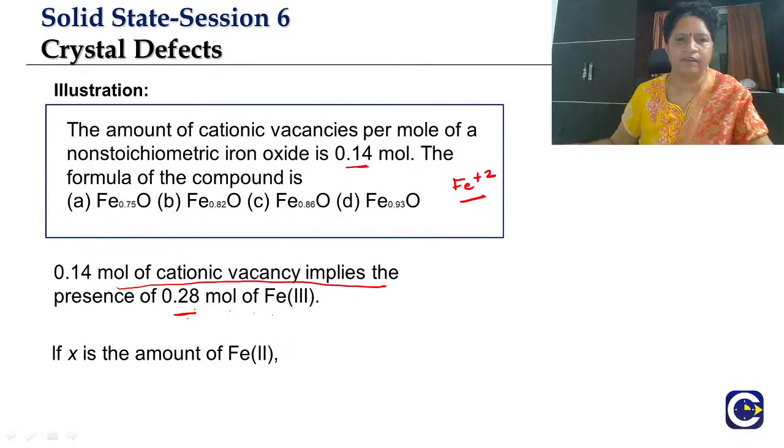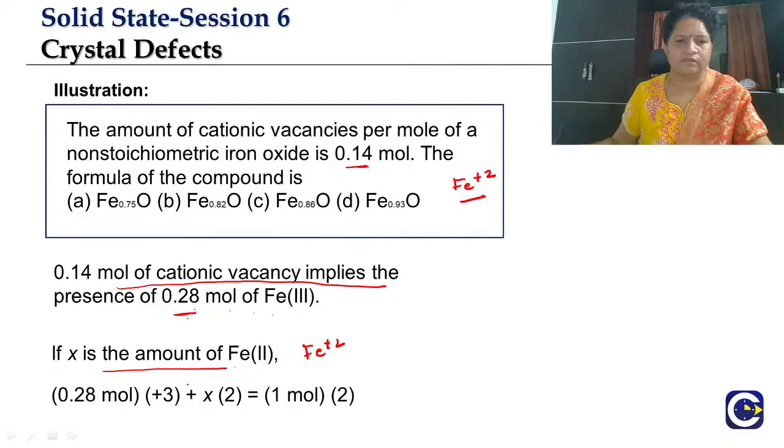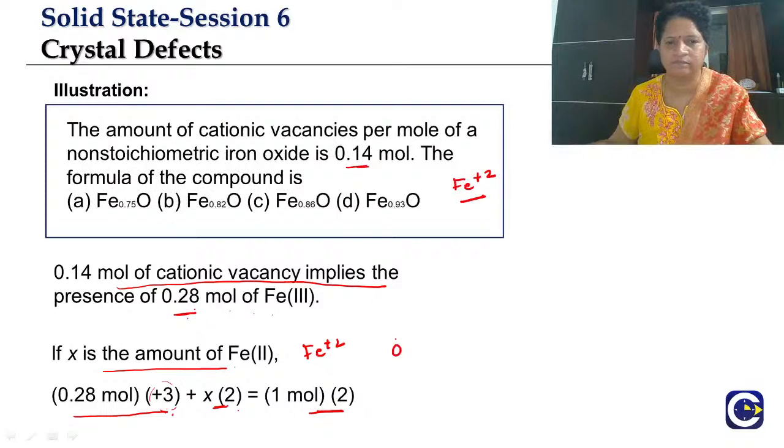So let me take X as the amount of Fe +2. 0.28 moles of +3 oxidation state plus X moles of +2 oxidation state will be equal to 1 mole of what? Oxide ion.